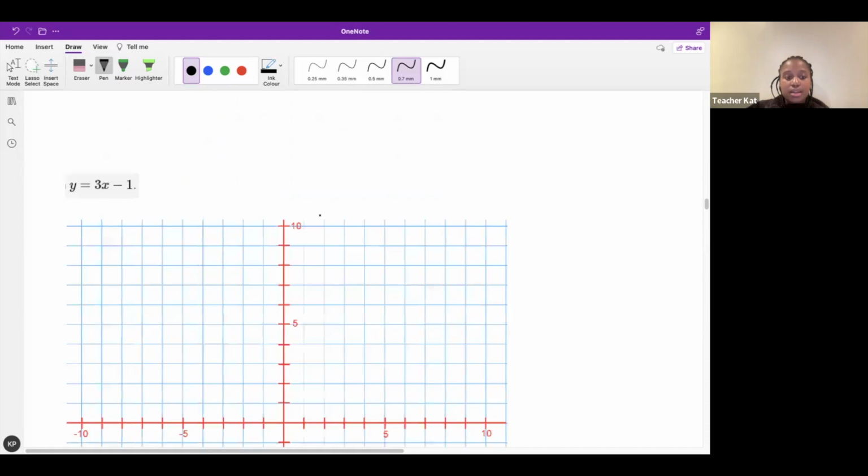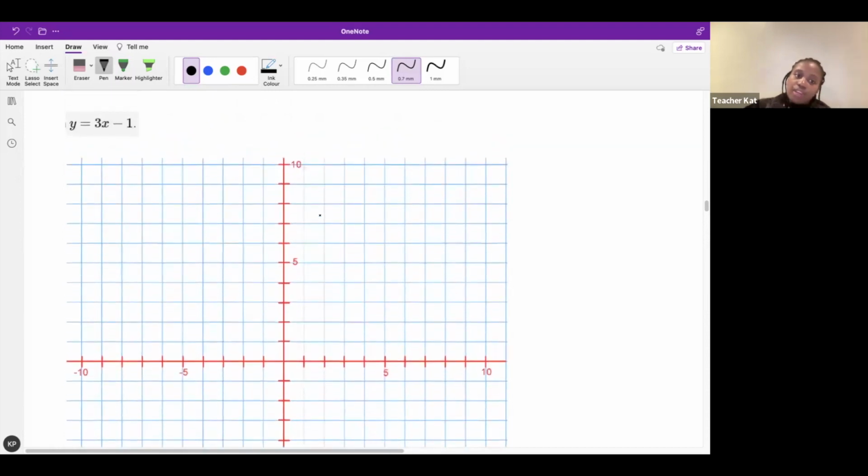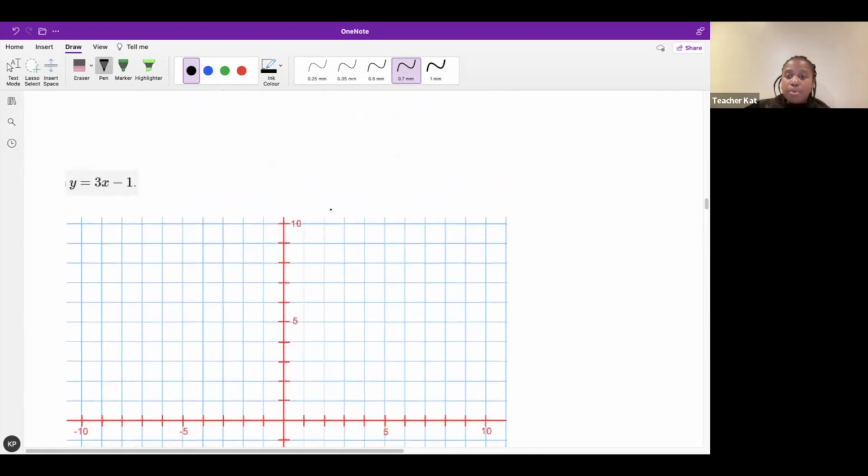All right. Now we're drawing a graph again. This time it's y is equal to 3x minus 1. Before we even go anywhere, firstly, is this a linear graph? Y is equal to 3x minus 1. Will this be a straight line graph? Alice says yes. What does everybody else say?